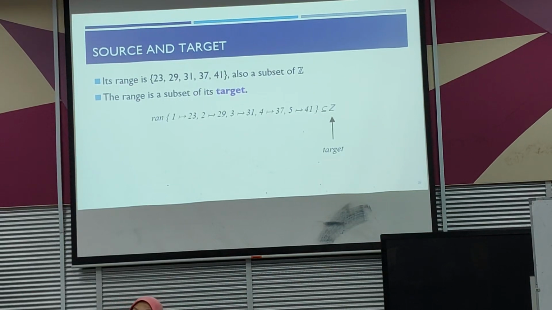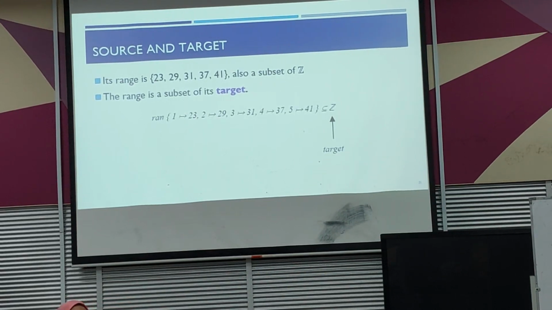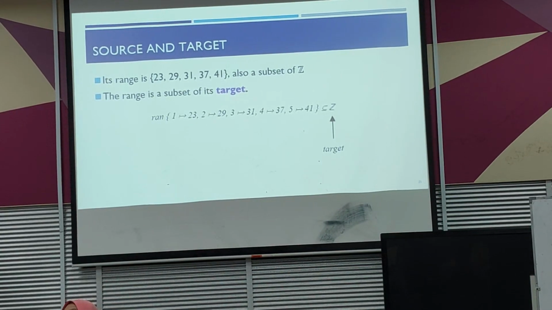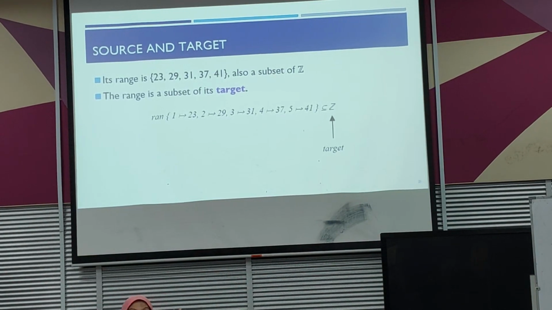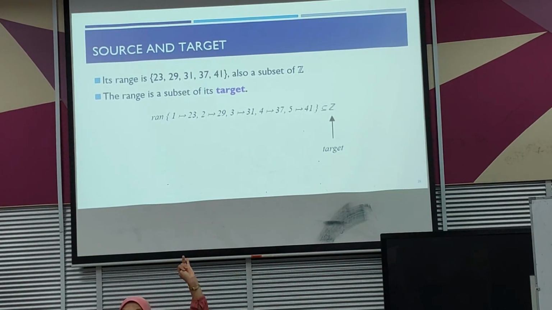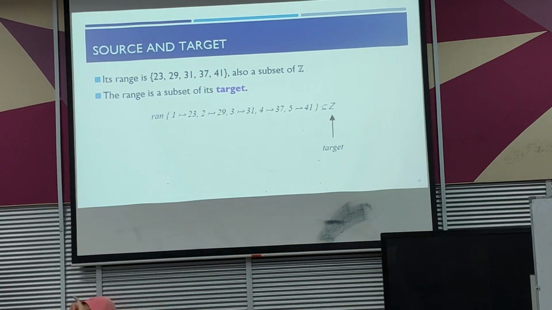If you want to retrieve information from the domain, we call that source. If you are retrieving the data from range, we call that target. But they are not keywords. The keywords are only first, second, dom and ran, just now. Source and target are not keywords, only for you to understand.